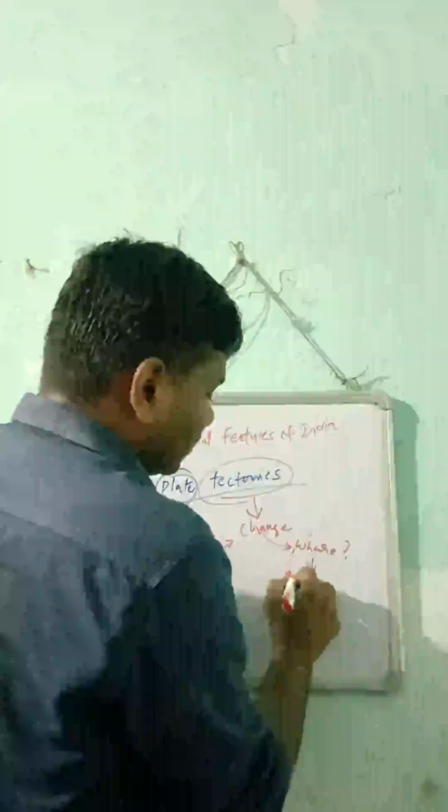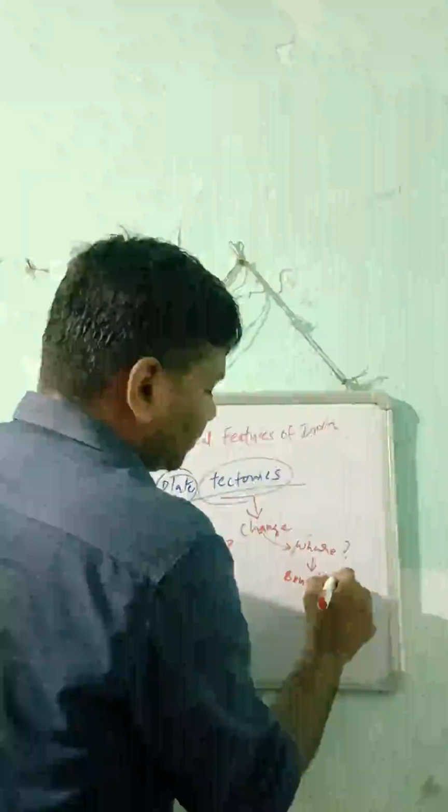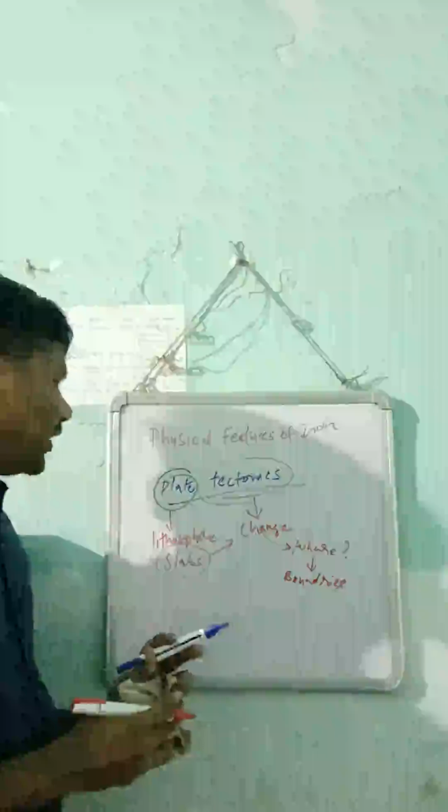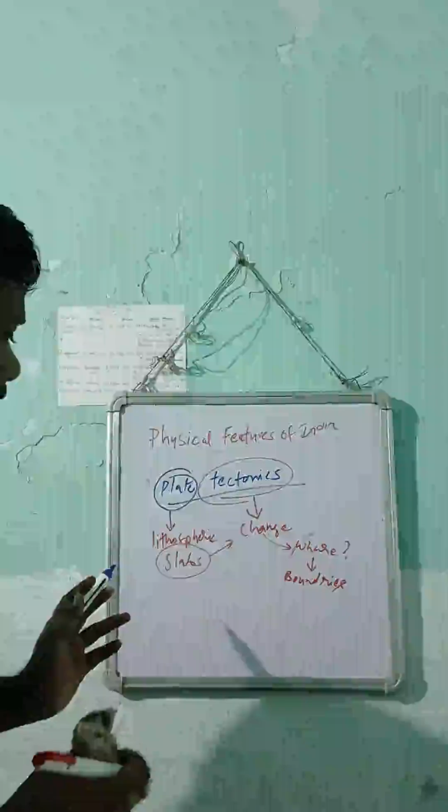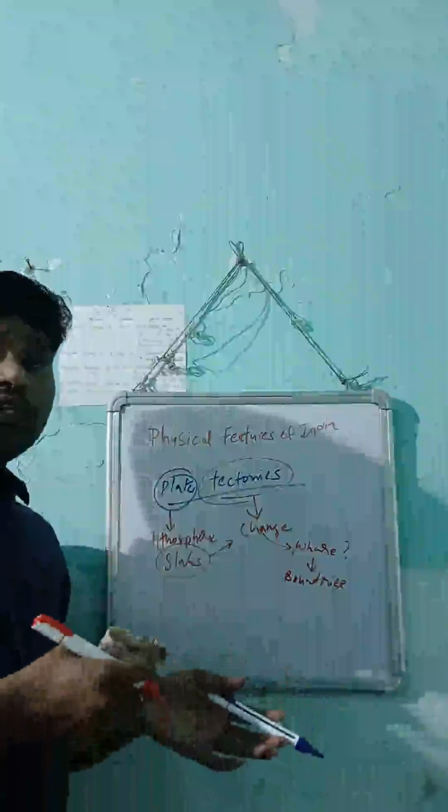At the boundaries. Generally, plate tectonics is nothing but the lithospheric slabs moving from one place to another. The changing place is at the boundaries of the continents or ocean and continents.